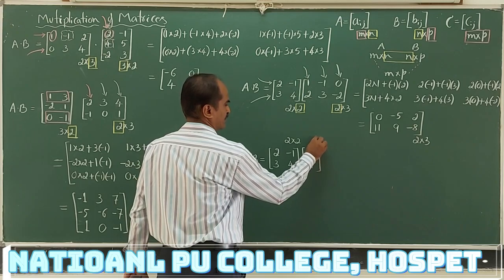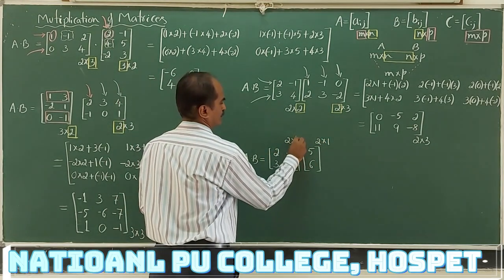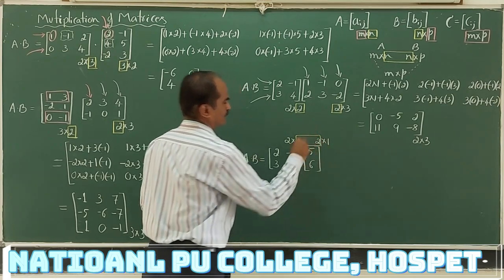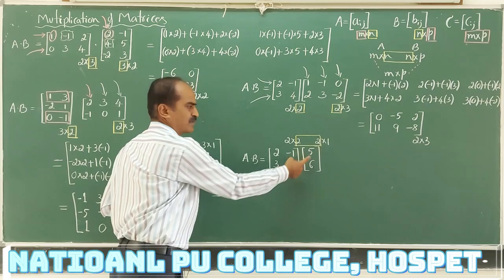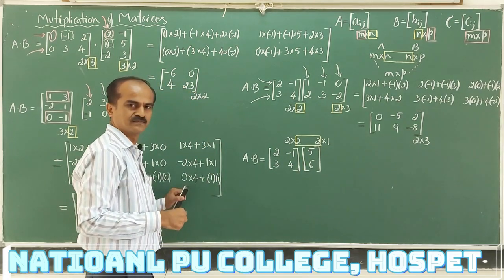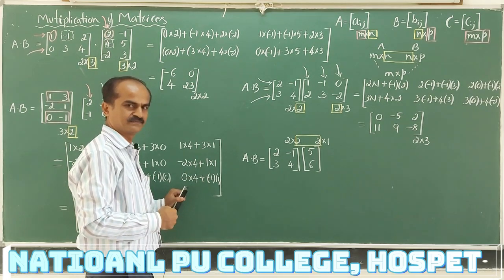Order of second matrix? 2 by 1. Number of columns of first matrix is the same as the number of rows of second matrix. Definitely we can multiply. Multiplication is defined.